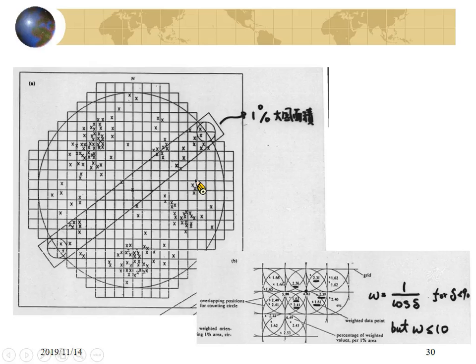If you have scan lines perpendicular to each other, maybe you don't really need to make this correction. But if you have only one scan line, please remember you need to adjust your measurements. Otherwise, you will have biased sampling results. Okay?